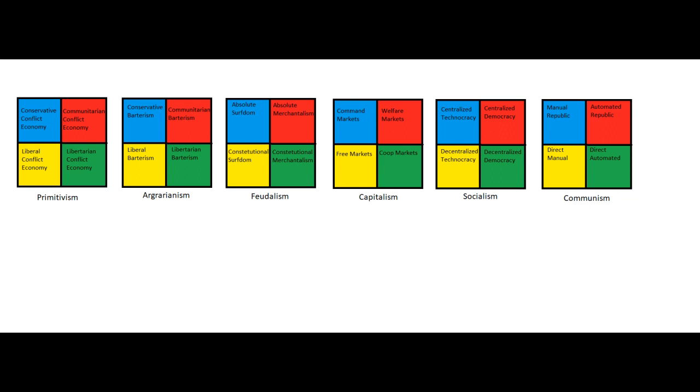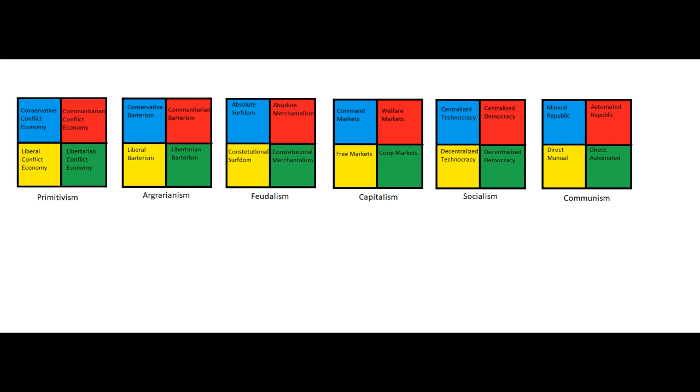We then have conservative barterism. Conservative barterism basically means that, because it's right wing, the village is moving. From now on, I'm not going to do the individual quadrants. I'm just going to do right and top and bottom and left.